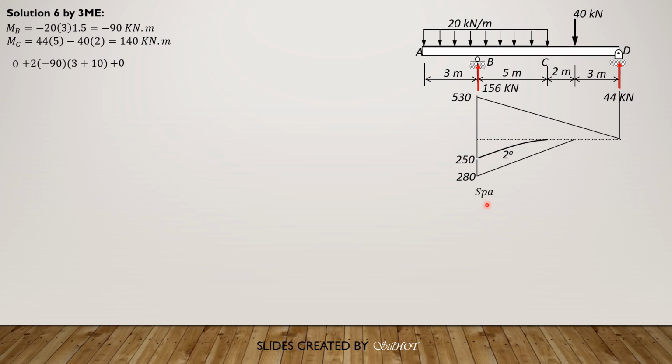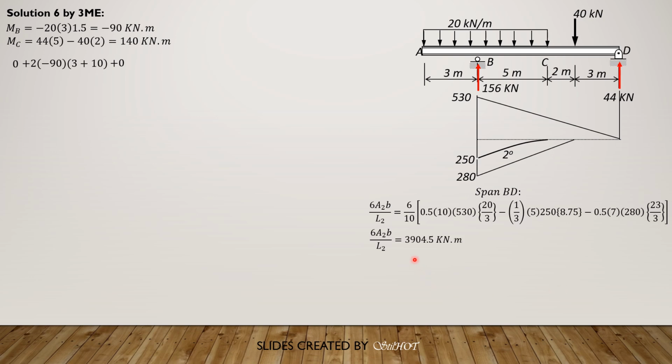So for span BD, the value of 6A2B over L2 is 6 over 10 times quantity area of this triangle, 0.5 times 10 times 530 times 20 over 3, minus 1/3 of 5 times 250 times 8.75, minus 1/2 of 7 times 280 times 23 over 3, just like before. So 6A2B over L2 for span BD is equal to 3,904.5 kilonewton meter square.